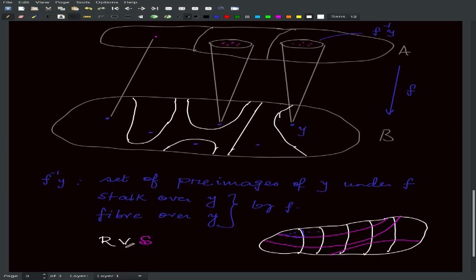So the bigger your equivalence relation is, the smaller your partitioning sets will become. You can think of it, the bigger your equivalence relation, it means that more things are getting related, so therefore your partitions are going to be getting smaller and smaller and finer and finer, right? So that is the idea.